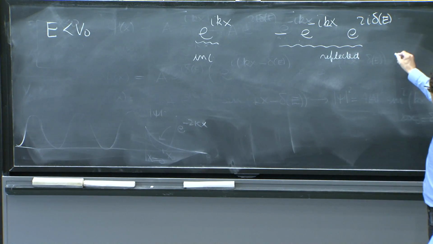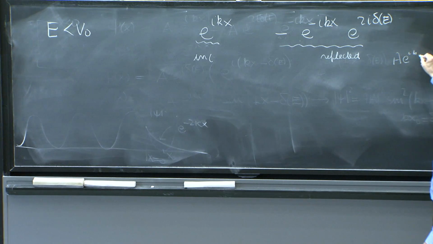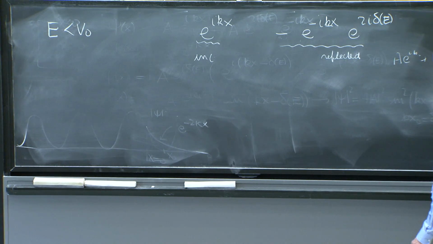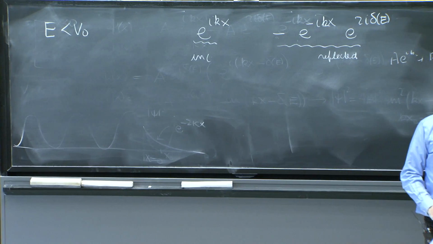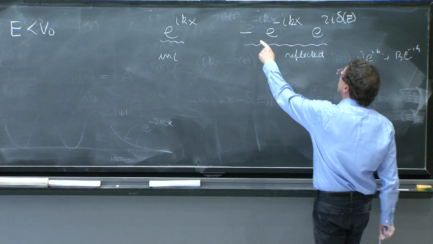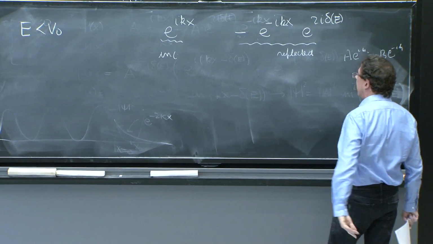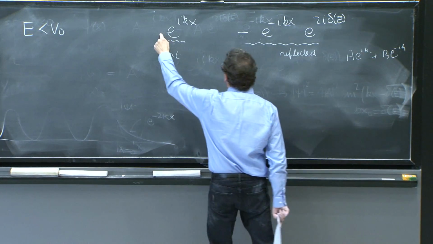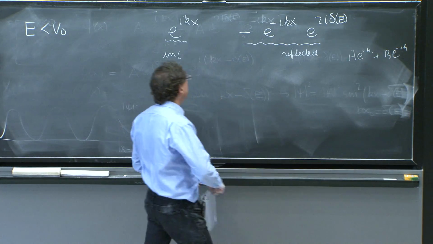They correspond to your A e to the ikx plus B e to the minus ikx. Remember, when the energy was less than V naught, the ratio of B over A was minus e to the 2i delta. And since I take A equals 1, you get this thing.